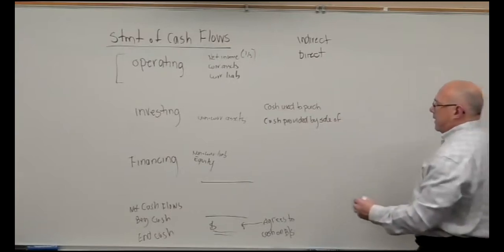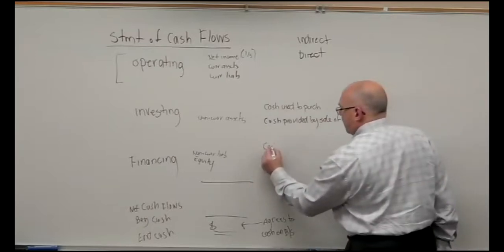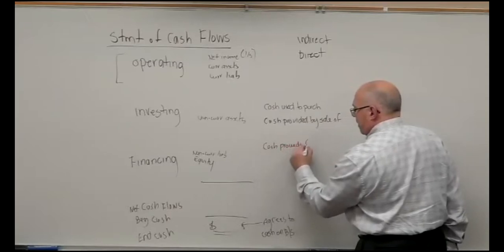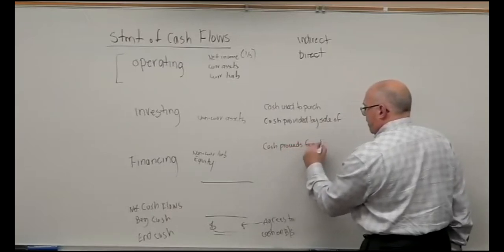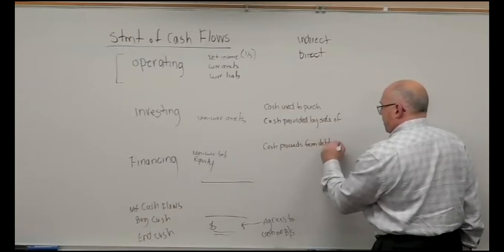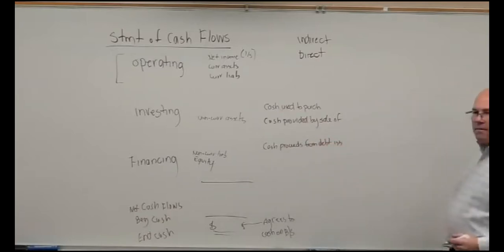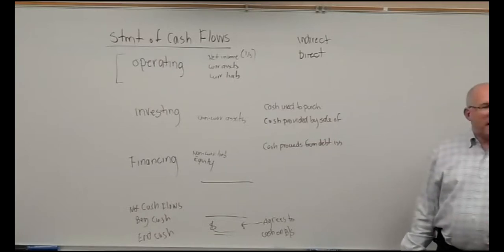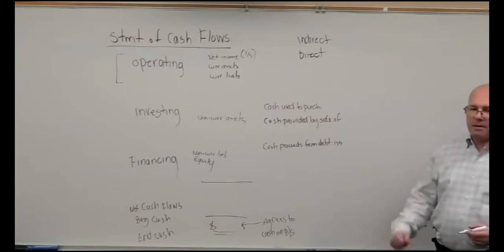So if we sold something to buy something. For financing, cash proceeds from debt issuance, or it could be cash provided by the issuance of common stock.